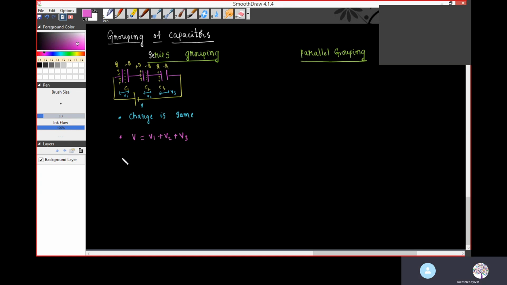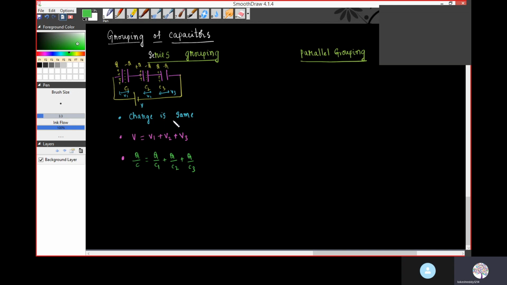Now the equivalent capacity will become: see here, V is equal to V1 plus V2 plus V3. V is equal to Q by C, which is equal to Q by C1 plus Q by C2 plus Q by C3.